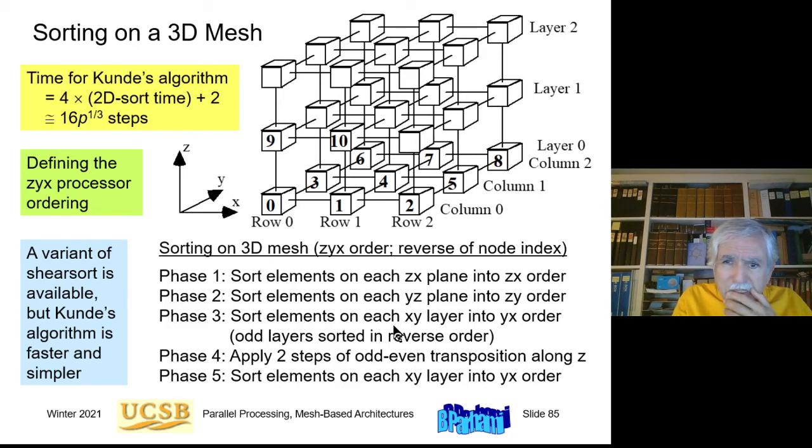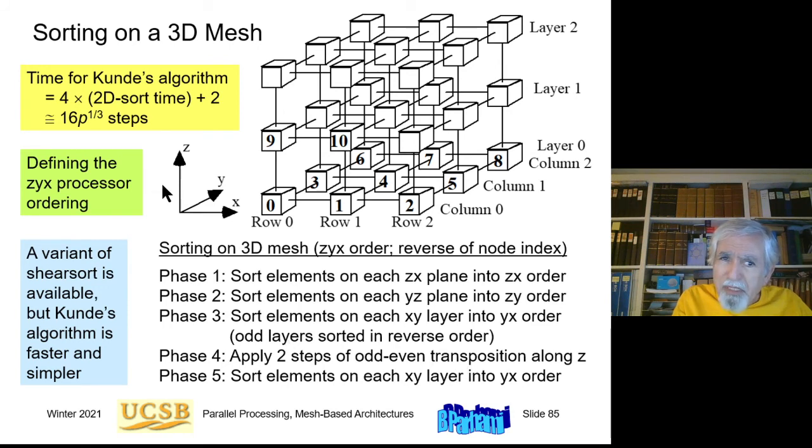Sort elements on each XY layer into YX order. So these are basically 3 2D mesh sorts. There's another 2D mesh sort down here. And between those, we have applied 2 steps of odd-even transposition.